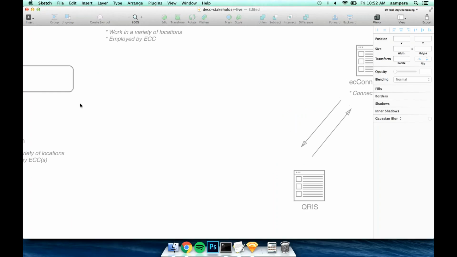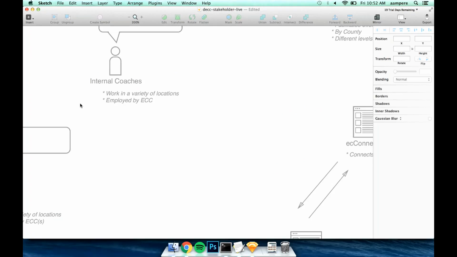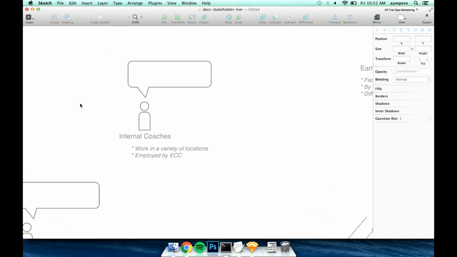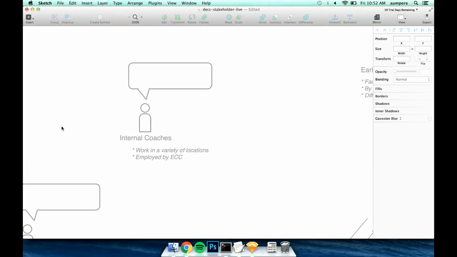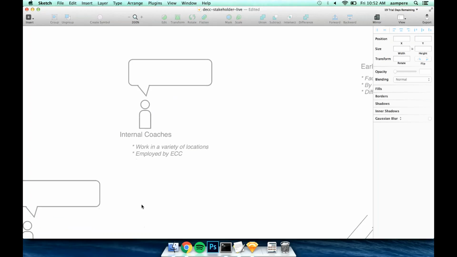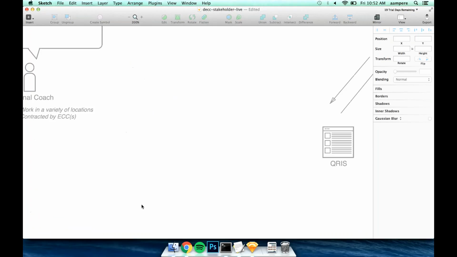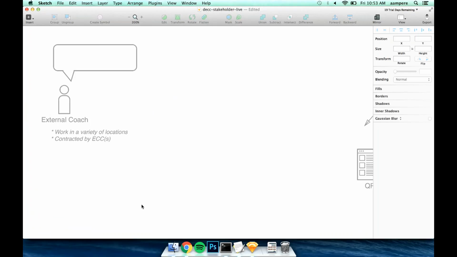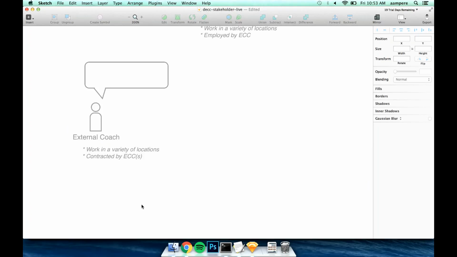As I said, a work in progress. What we're doing today is a somewhat experimental approach to stakeholder mapping. Then we have the people that we were calling QI service providers, who are going to be internal coaches, external coaches, and then someplace here we've got vendors.